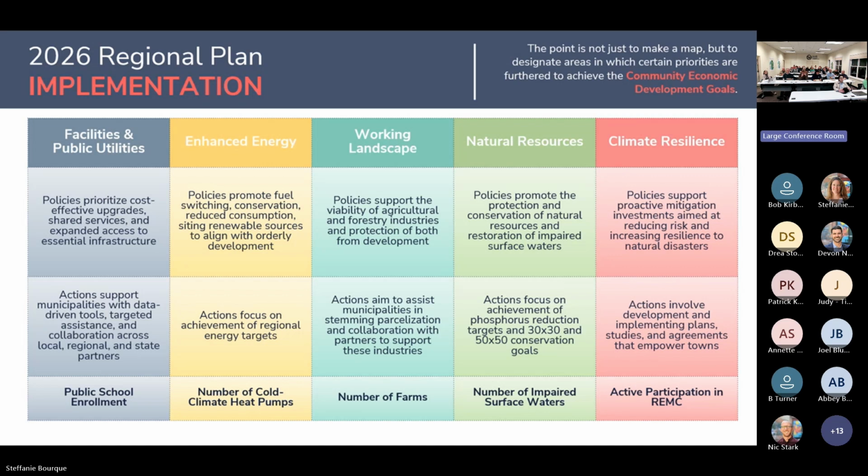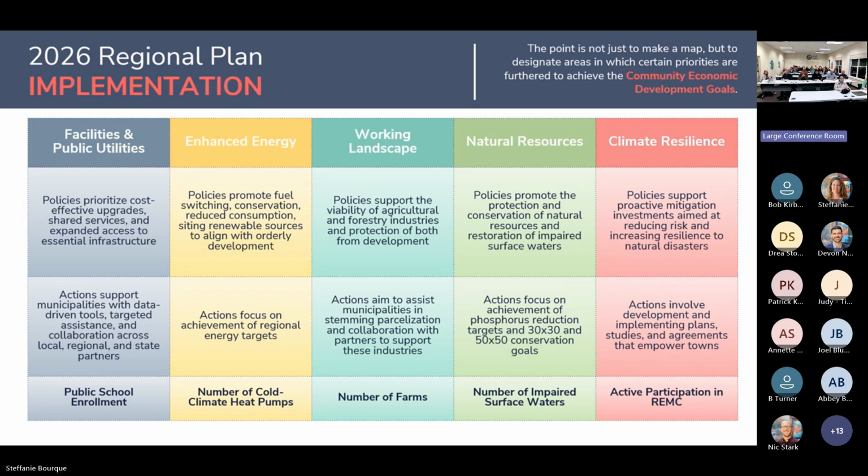In terms of the working landscape, our policies support the viability of agricultural and forestry industries and the protection of both from development. The actions aim to assist municipalities in stemming parcelization and collaborate with partners to support these industries. And our indicator is the number of farms. For natural resources, our policies promote the protection and conservation of natural resources and the restoration of impaired surface waters.